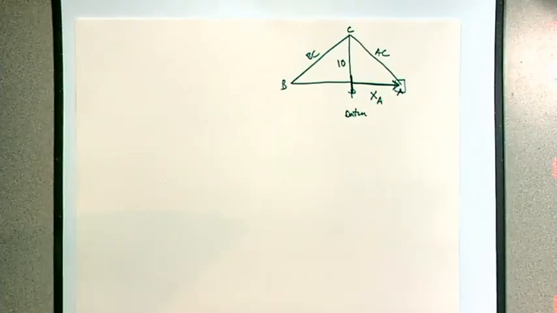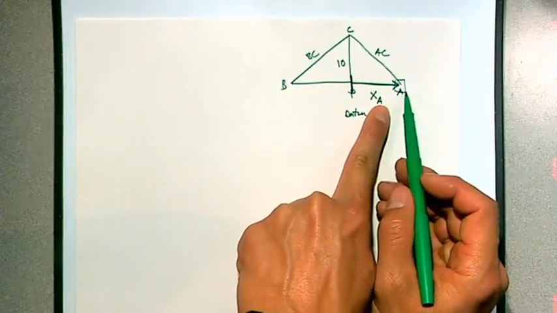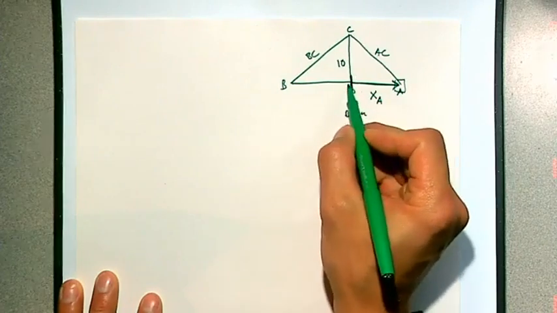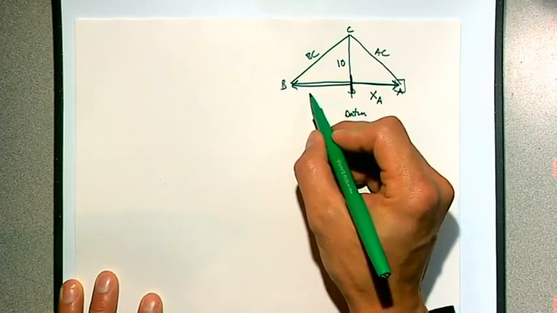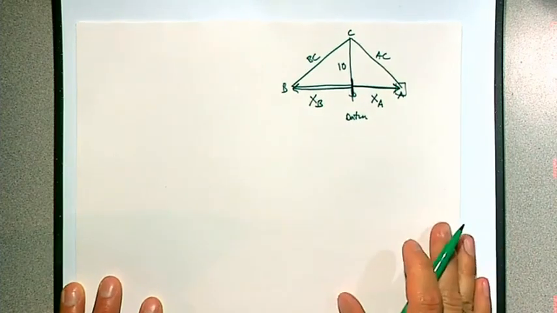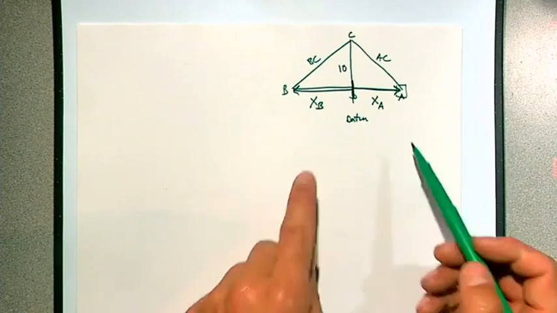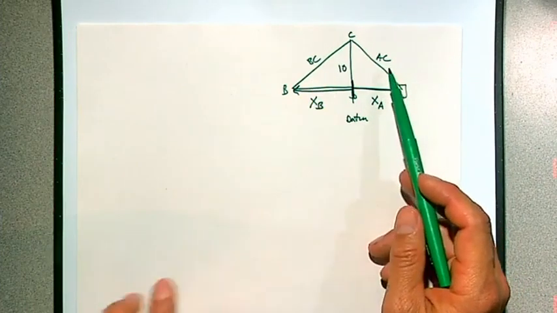Call that XA. I'm trying to figure out how fast B is moving when XA is 4. Well, I got that datum set. It's also convenient to write what's happening at B. But now what I have is I can relate XB and XA, two of the lengths of their cable.